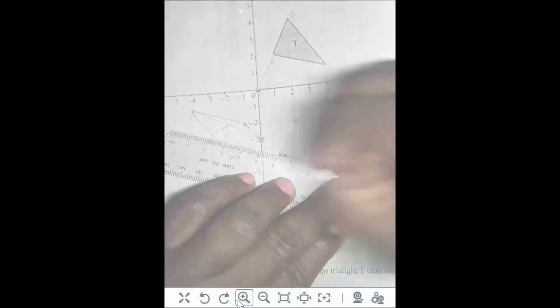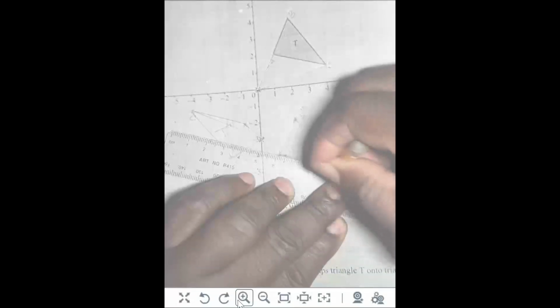Then finally I will join A prime prime and C prime prime together. So if you do that, this is what you are going to get. This is the image of T prime, which we are asked to name U. So this is triangle U. Okay, so this has been done.